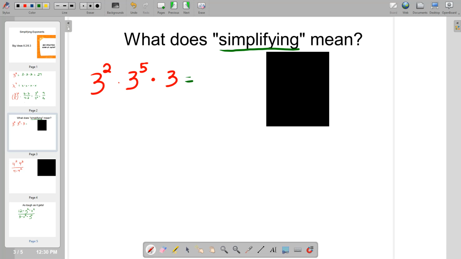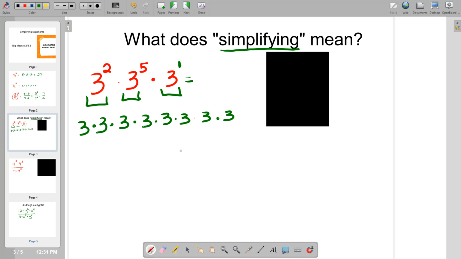Well, the best way to actually do it is to write out each individual piece. So 3 squared would just mean 3 times 3. 3 to the 5th would just be 5 more 3's. And our final term here, which is 3, is actually an invisible 3 to the first power, or 1 more 3 in this term.